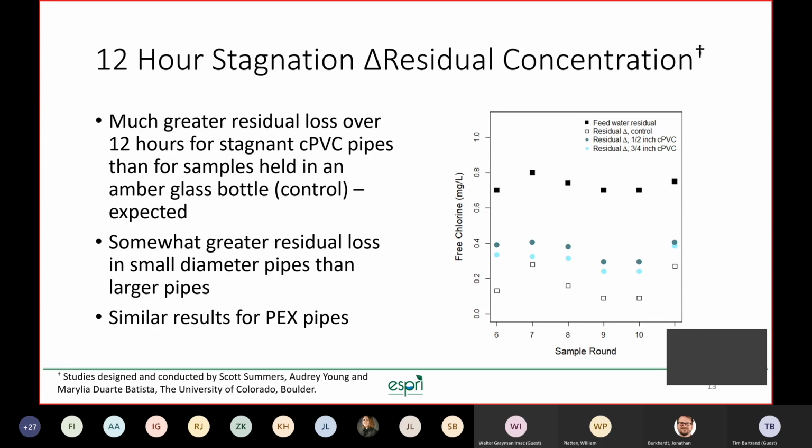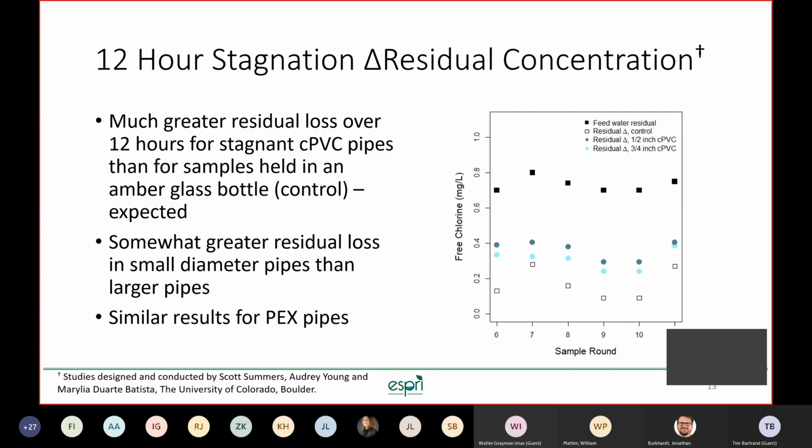Residual in control samples, which are samples of feed water that were kept in the dark in amber bottles and measured after 12 hours, are shown in the open black squares. The residual coming out of the 1/2 inch and 3/4 inch PVC pipes, the change over that 12-hour period, is shown as the 2 different colored dots, the green and the kind of blue.